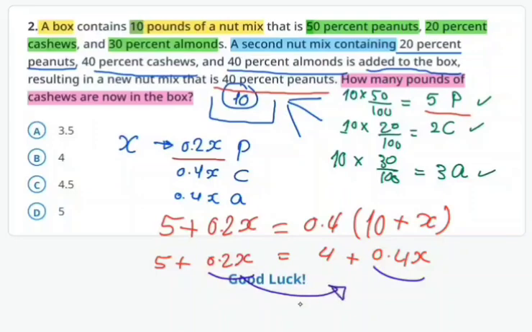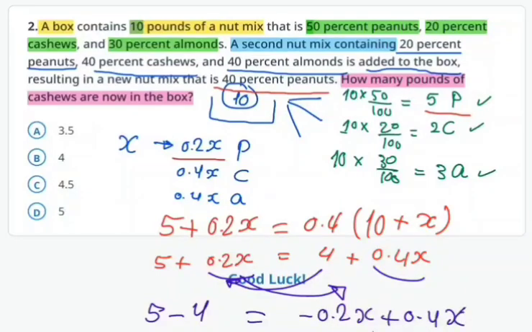So 0.2 X goes to the other side, and the 4 comes here. 5 minus 4 equals negative 0.2 X plus 0.4 X. So the result is 0.2 X. 5 minus 4 is 1. We divide by 0.2 on both sides. We will get X equals 5.